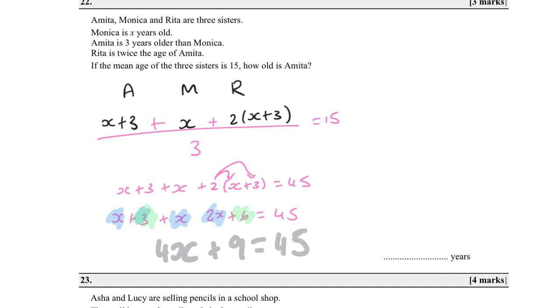Take away 9 from both sides. 4x equals 36. Divide both sides by 4. X equals 9. So we worked out x equals 9, but look at the question: if the mean age of the sisters is 15, how old is Amita? We know that Amita is x plus 3, so 9 plus 3 is 12 years. If you just put 9, you wouldn't have got that last full mark. So watch out for that.